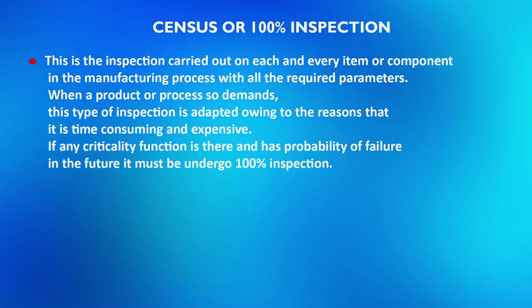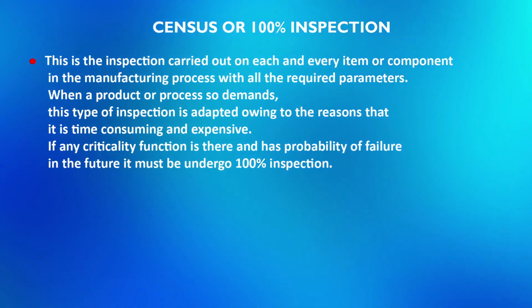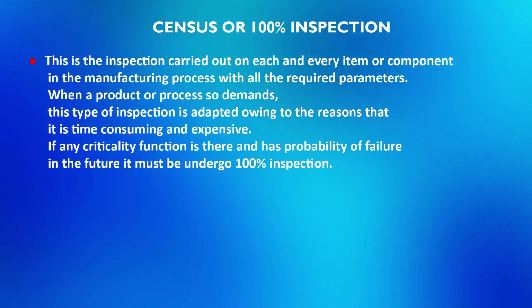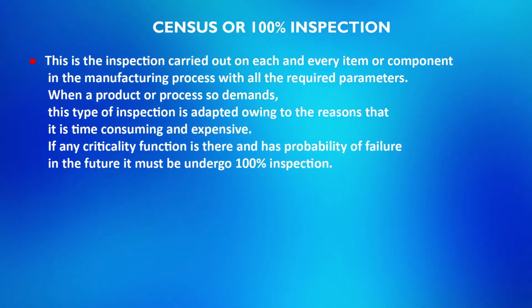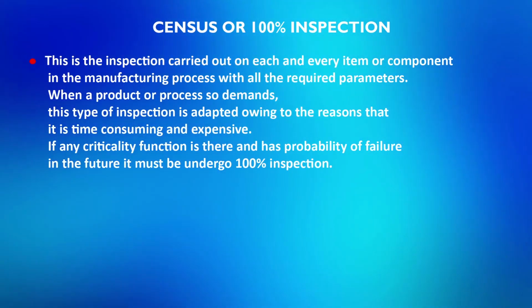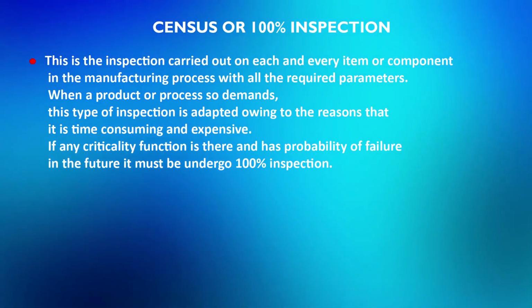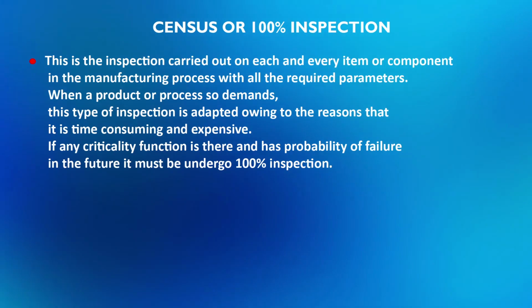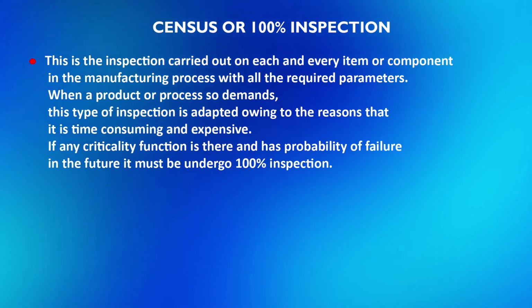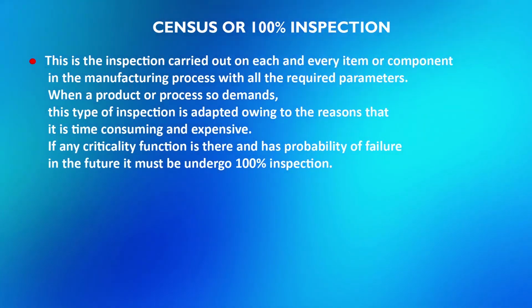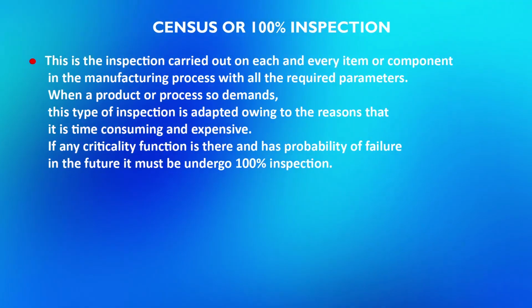This type of inspection is time consuming and expensive. If any function is critical and has a probability of failure in the future, it must undergo 100% inspection. Why is 100% required?